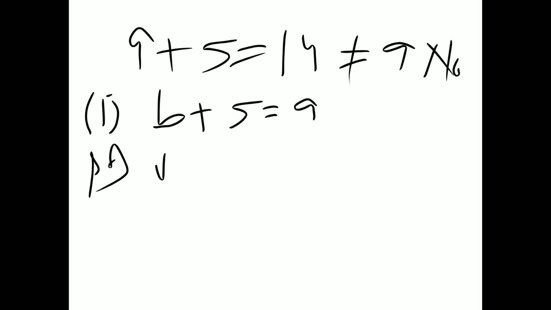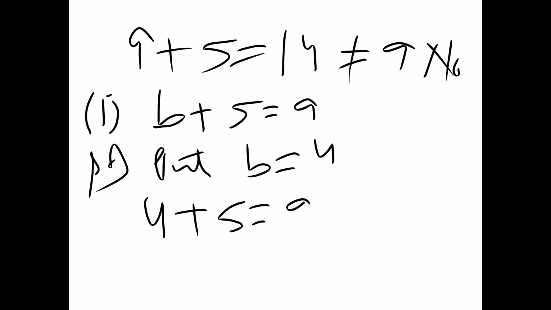Solution, put B is equals to 4. 4 plus 5 is equals to 9, which is equals to 9. The answer is yes. Clear? Similarly, students, you do J, K, L, M, N, O, P, Q parts. Whatever parts are left, you have to do by yourself.